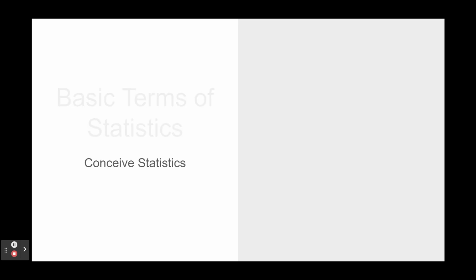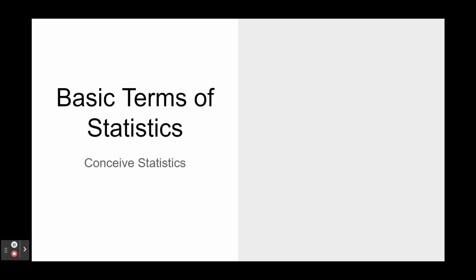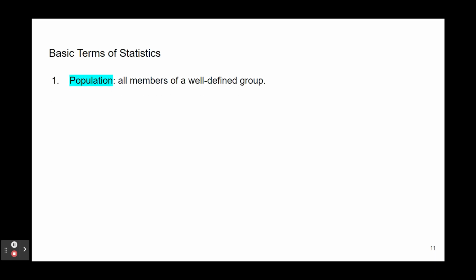All right. Next section, basic terms of statistics. Population. The first terminology, population, is what? All members in a well-defined group. So you have to define a group. What is the population? My population is fifth grade students in the United States. Cool.